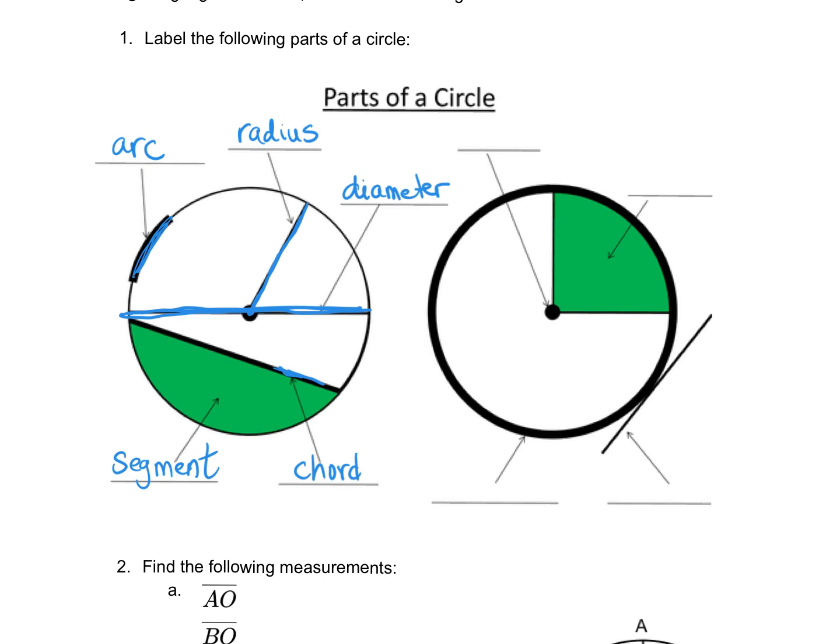Okay. Now, on our second circle, obviously, the very middle is called the center. Notice how this green shaded region is different from the other circle.